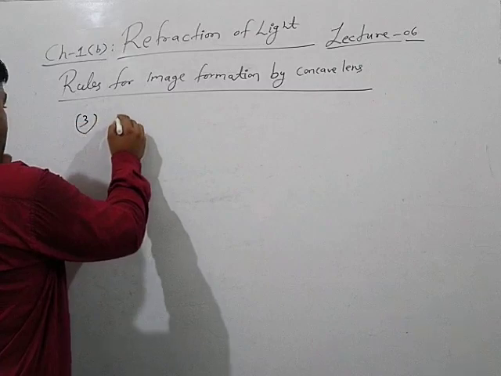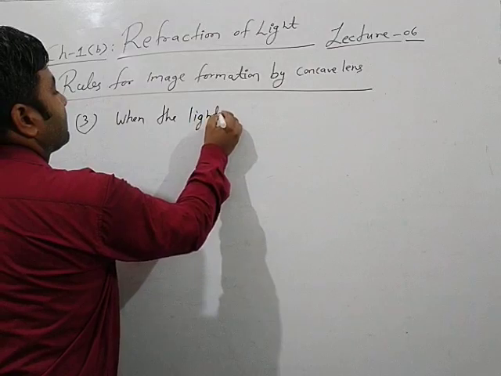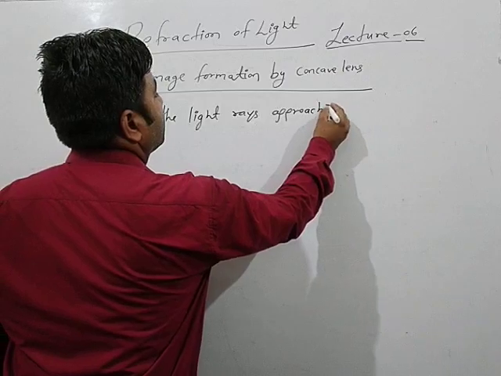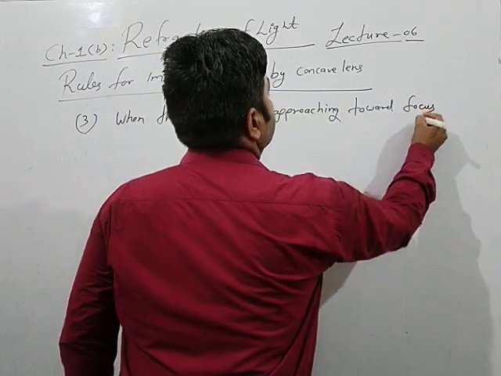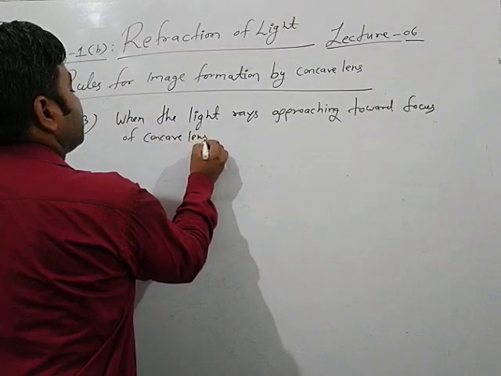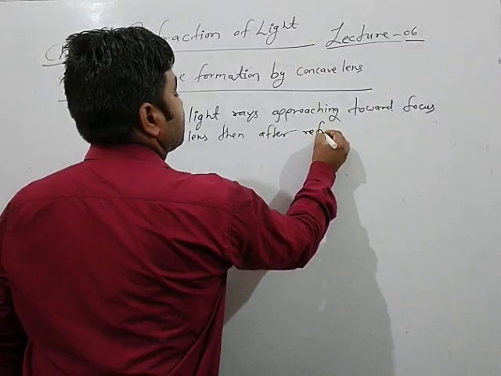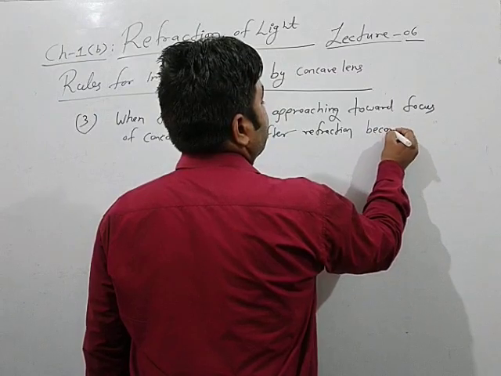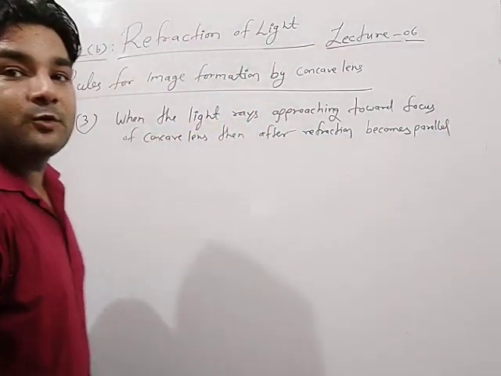Third rule: when the light ray is approaching towards focus of concave lens, then after refraction it becomes parallel to principal axis.